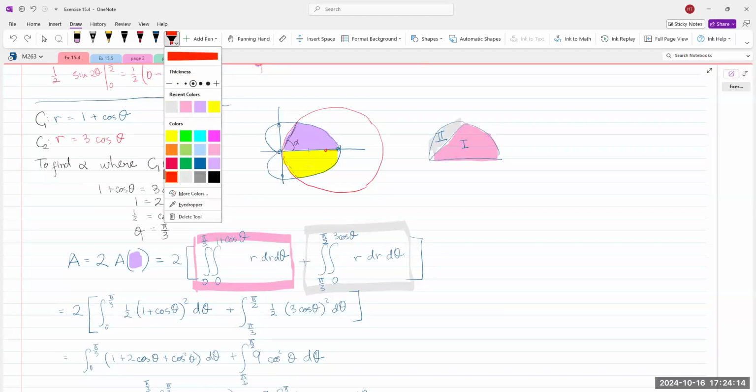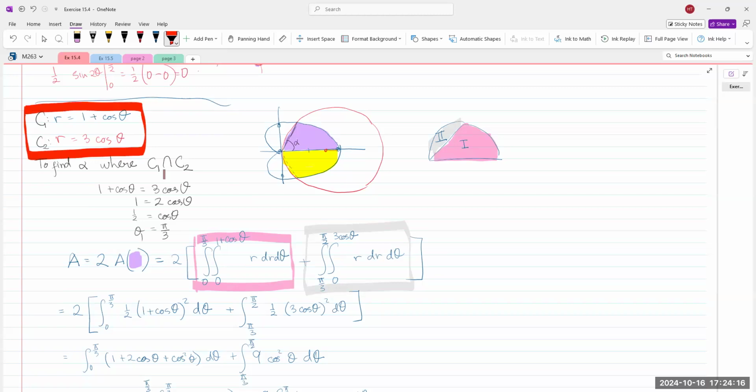This is the set of two curves that we are dealing with. Okay, when we graph them, notice that it's symmetric with respect to x-axis.